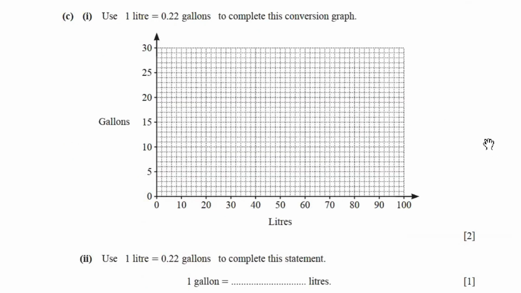Part C says use 1 liter equals 0.22 gallons to complete this conversion graph. So if 1 liter is equal to 0.22 gallons, 10 liters would equal 0.22 times 10, which is 2.2 gallons.